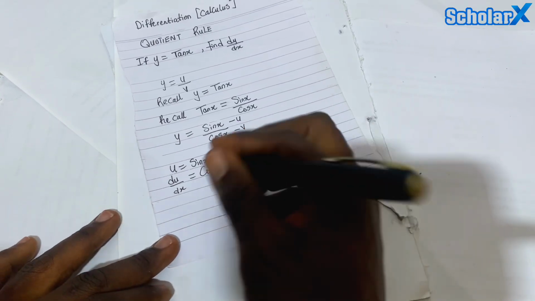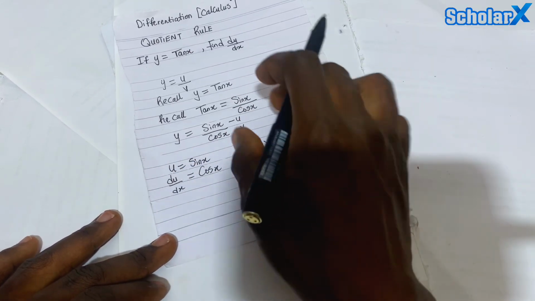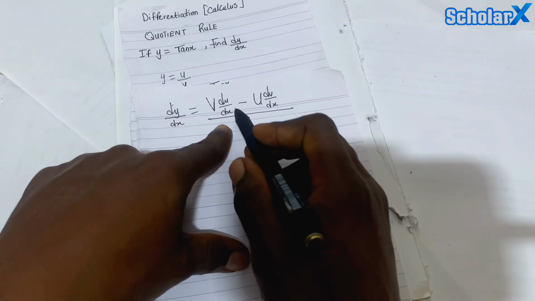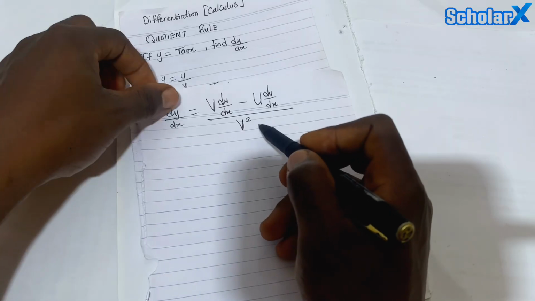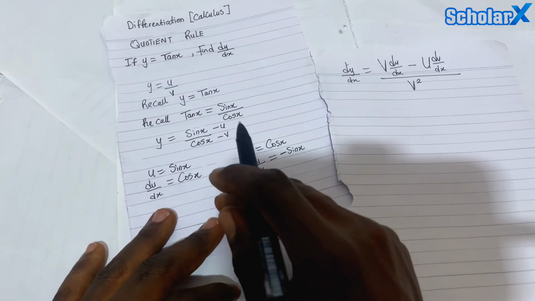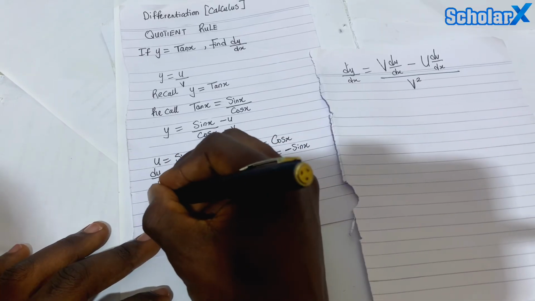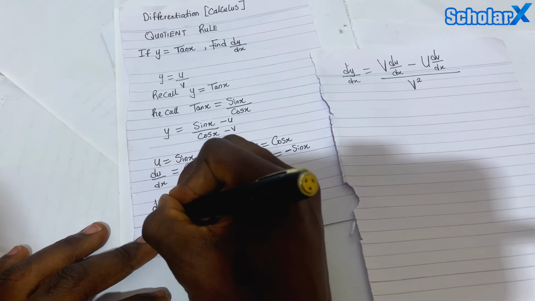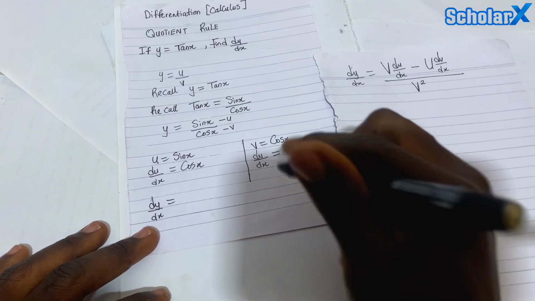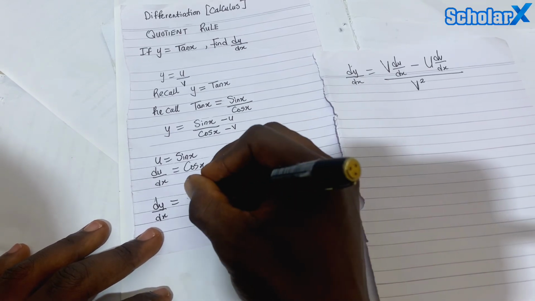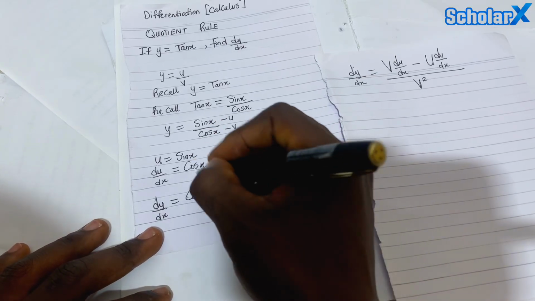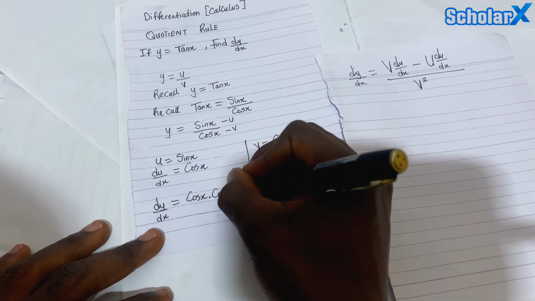Now we have everything we need for this formula. Don't forget that dy/dx is v du/dx minus u dv/dx over v squared. Following this formula, dy/dx will be equal to v du/dx. What is our v? Cos x, multiplied by our du/dx, which is also cos x.